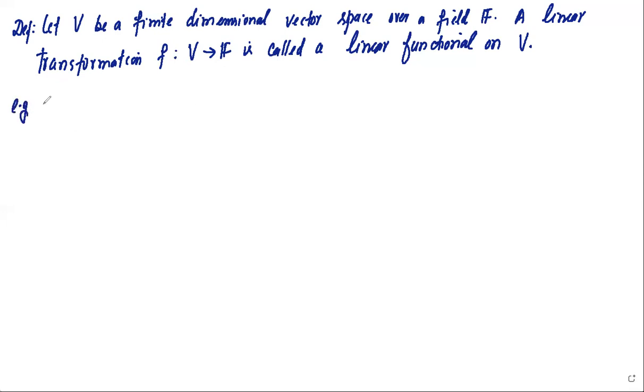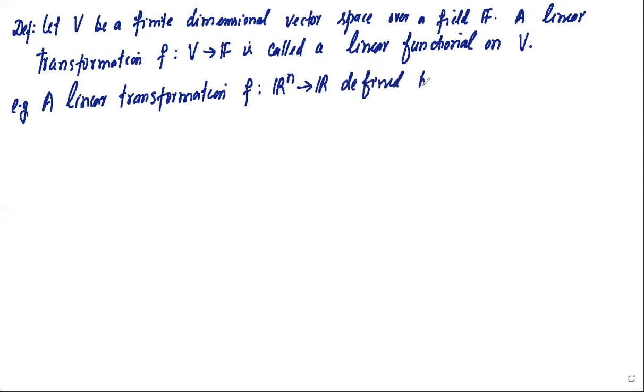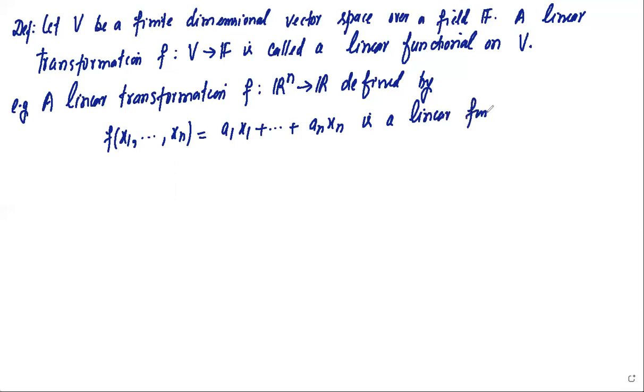For example, a linear transformation f from Rn into R defined by f of (x1, ..., xn) equal to a1 x1 plus so on plus an xn is a linear functional, or we can skip the term linear and just call it a functional, on Rn.